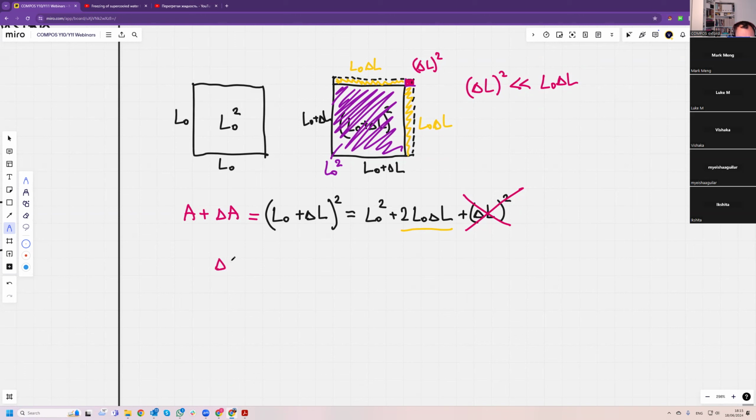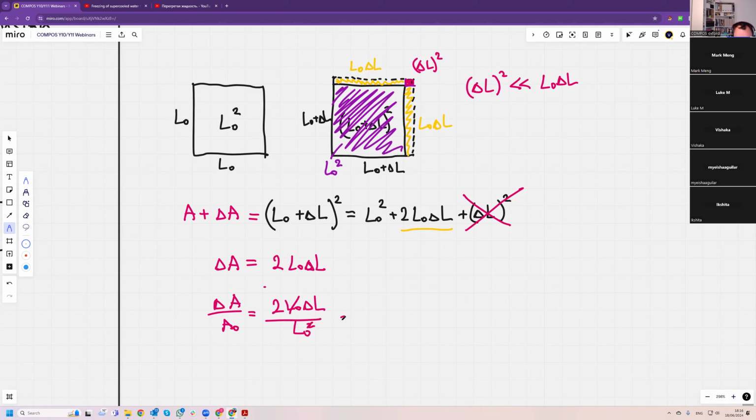Therefore, we can deduce that the change in area is 2 L0 delta L. The change in area divided by the original area is 2 L0 delta L divided by L0 squared.